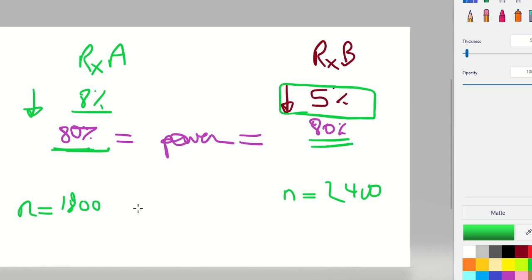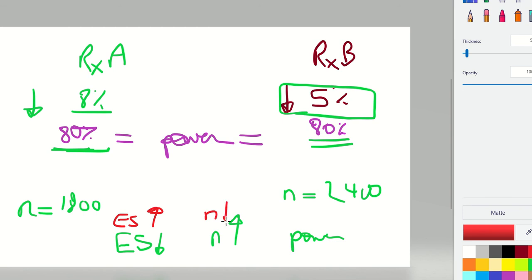Okay, so here the smaller the effect size is, the bigger the sample size needed to reach a certain power. And I can say it the other way around as well. I can say the bigger the effect size is, the smaller the sample size needed to reach a certain power.